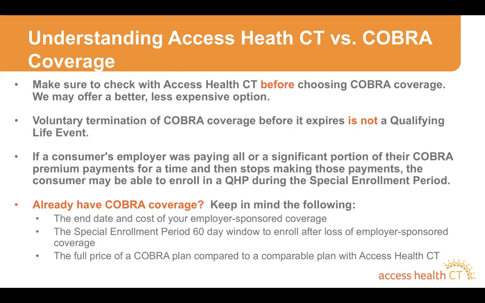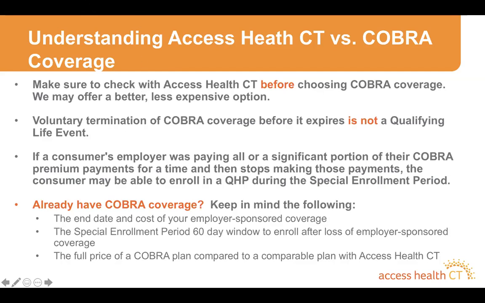So the best time for someone to look into what options are available to them might be before they elect COBRA coverage. Access Health is a place where they can go to compare plans before making a decision. This slide just serves as a reminder of that.